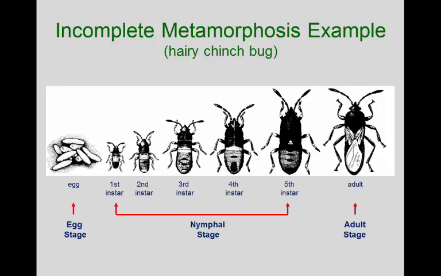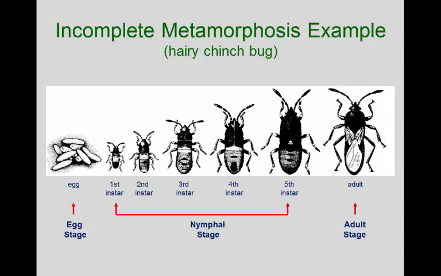But we have these sub-stages of development. In the nymphal stage, every time that nymph reaches a certain size, it can't get any bigger without shedding its exoskeleton. So it has to shed its exoskeleton multiple times to finally achieve the adult size.